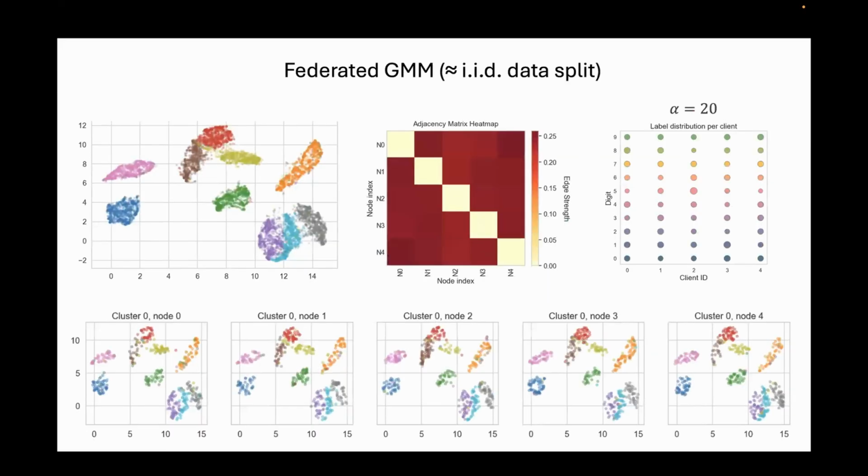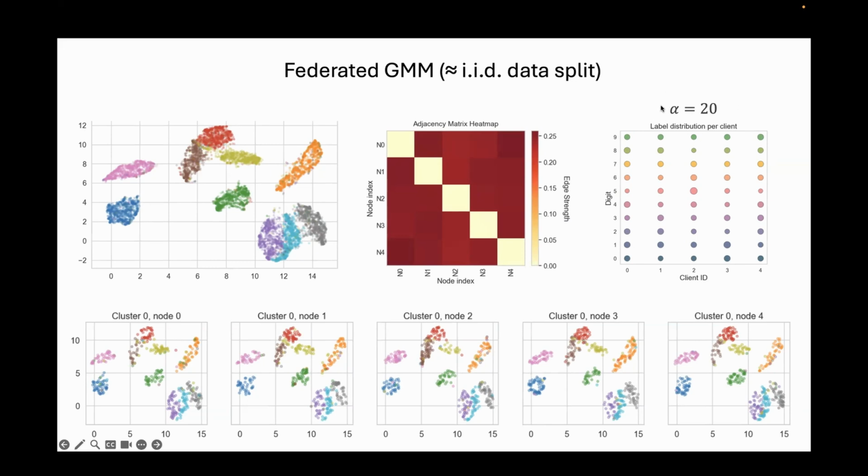And again, I'm using a similar approach. First, I test what happens if we split this data more or less similarly between the nodes. And in this case, the way we split the data is controlled by this hyperparameter alpha.